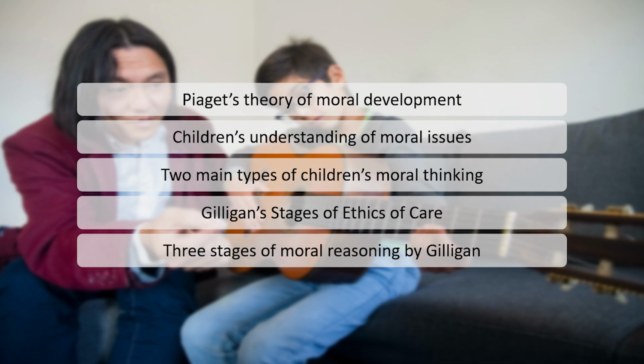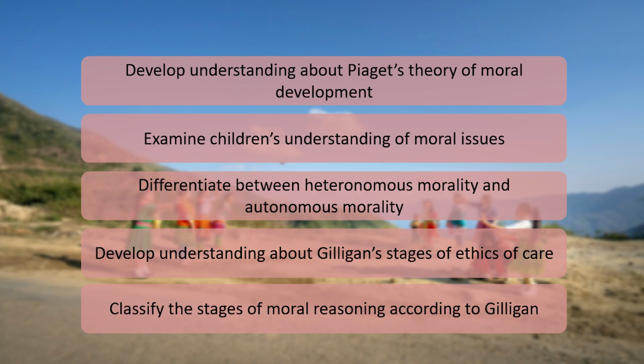After watching this video, you should be able to develop an understanding of Piaget's theory of moral development, to examine children's understanding of moral issues, to differentiate between heteronomous morality and autonomous morality, to develop an understanding of Gilligan's stages of ethics of care, and to classify the stages of moral reasoning according to Gilligan.